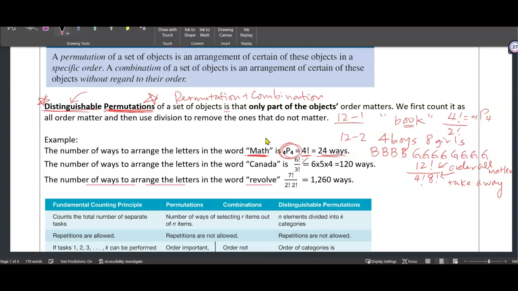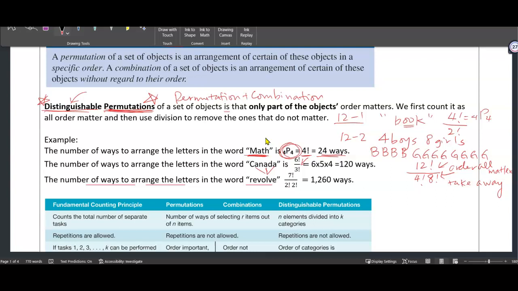Then we use division to take away the ordering of the 3 A's. So this is partially order matters, unlike math, which has no repeat letters. This one has 3 repeat A's, so we divide by 3 factorial.